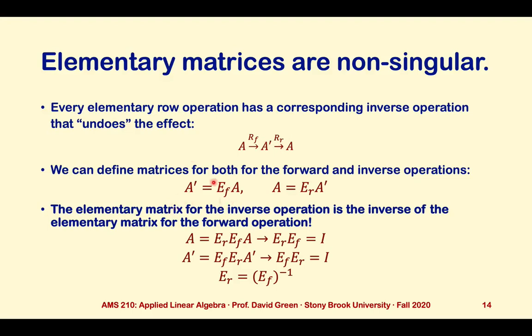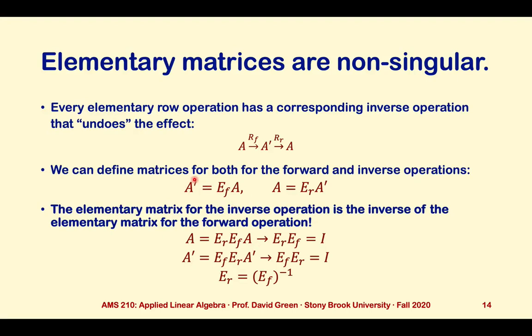A prime is E_F, the matrix representing the forward step, multiplied by A. But A must equal E_R, the matrix representing the reverse step, times A prime. Putting these together, essentially saying A prime must be E_F A, we end up with A equals E_R times E_F times A, which means this product must be the identity matrix, since we're getting back A.